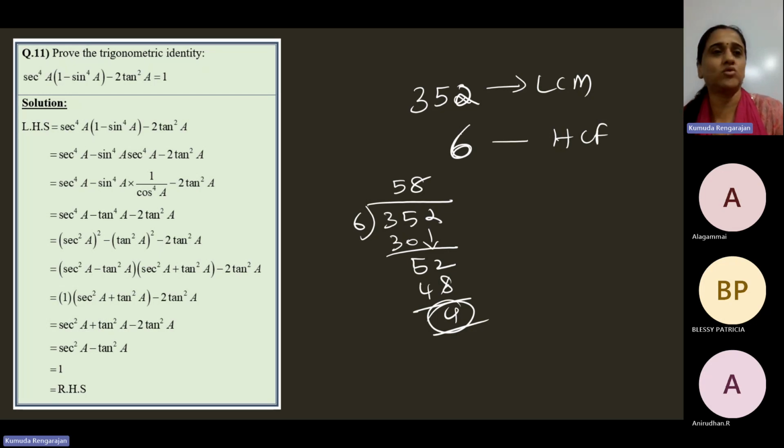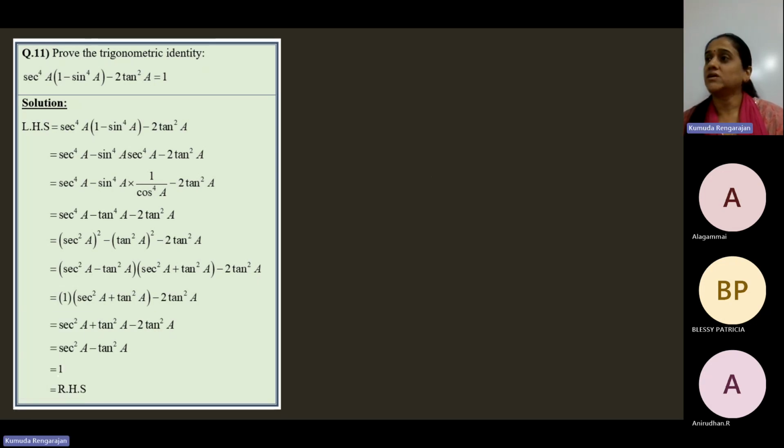The reason is the HCF should divide the LCM completely. The remainder should be 0. The remainder is not 0, so it's not possible.